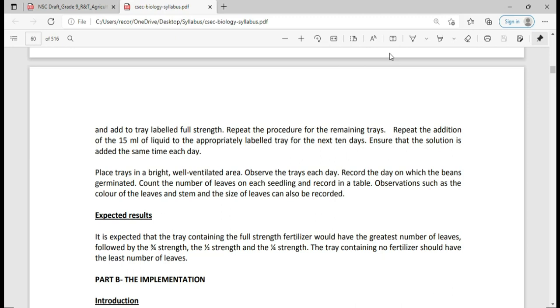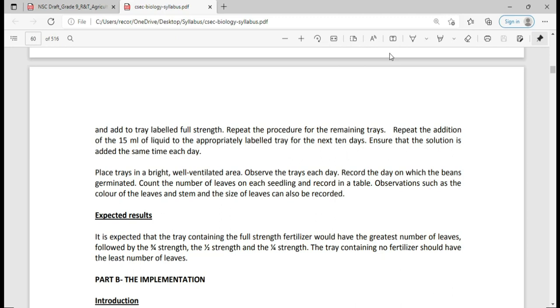Place trays in a bright, well ventilated area. Observe the tray each day. Record the day on which the beans germinated. Count the number of leaves on each seedling and record in a table. A table is always nice to use in recording your observations as it provides a quick summary, or you can get a summary at a glance looking at a table.